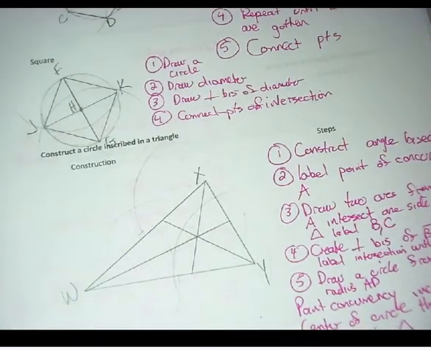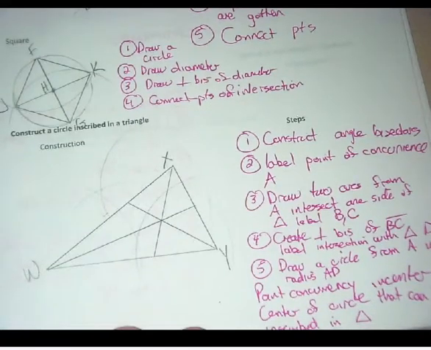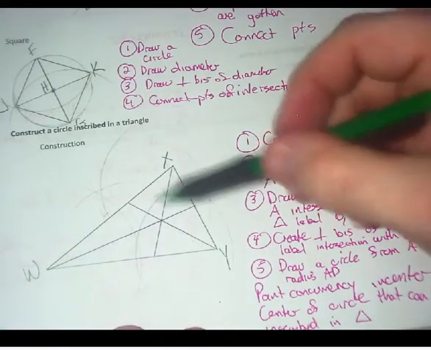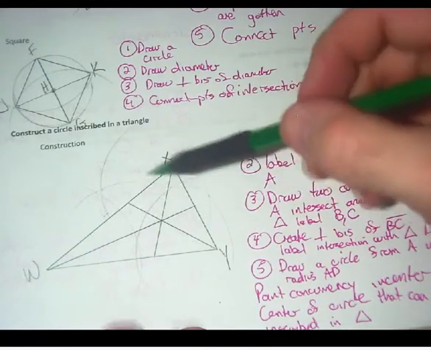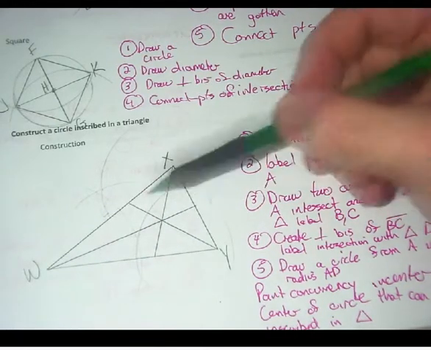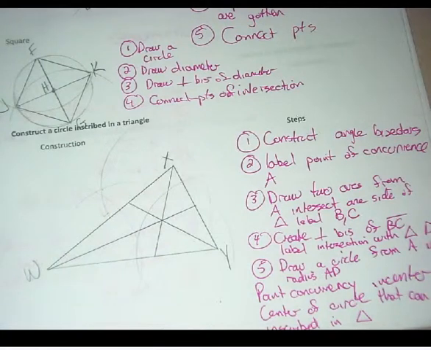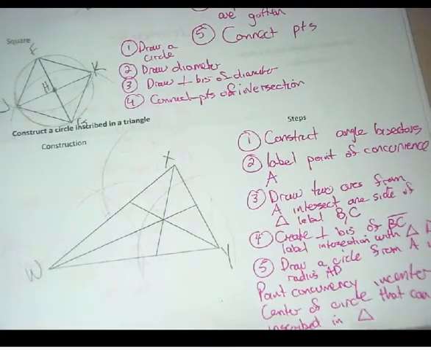So what I still need to do is create a perpendicular from here to here, because that's going to be my radius.